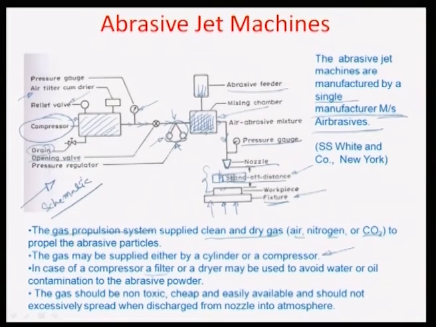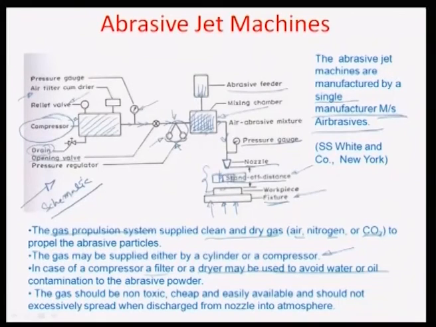Sometimes a dryer is used because there is moisture or some oil content. So there have to be stages of filtration before the air can proceed into the mixing chamber. Also, one more important factor in abrasive machining is that whatever gas you are using has to be very non-toxic in nature, because you are exposing the operator, whoever is using this machine, to the gas.